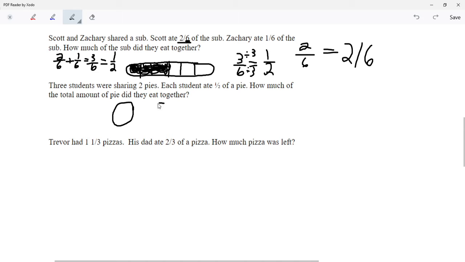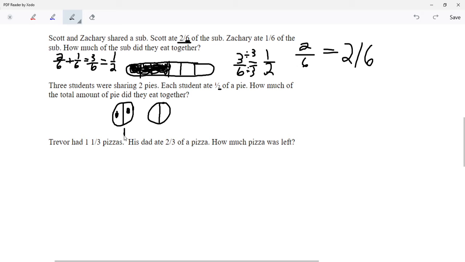So we could say these are the 2 pies, and since the denominator is 2, we can split them both in half, and it said each student ate half of a pie. So one student ate this half, one student ate this half. How much of the total pie did they eat together?